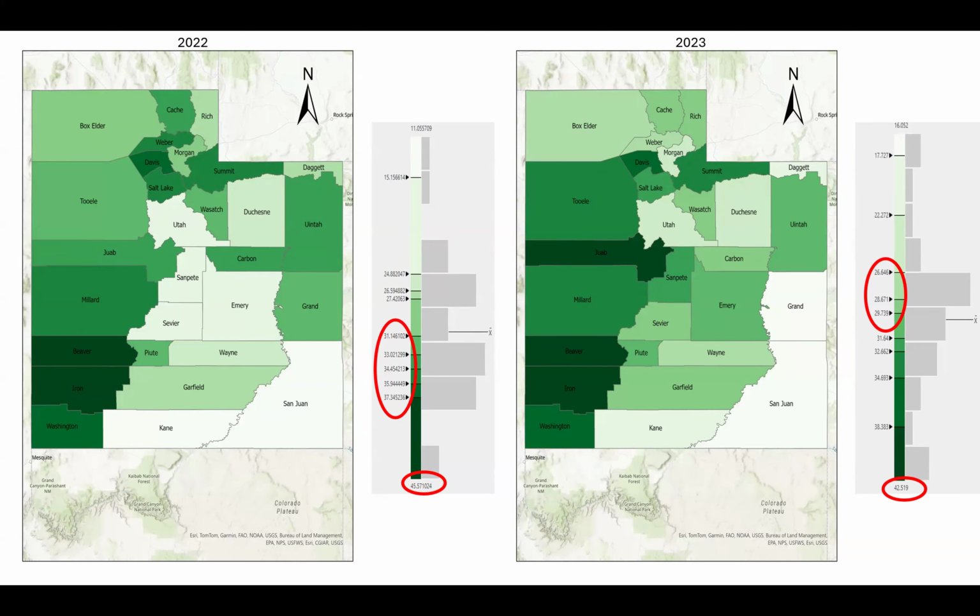But in 2023, it's just 26 to 29 inches. So we can say that evapotranspiration is varying spatially and temporally. That's all we have covered. Now we are going to use it as base data for further analysis and for the further experiments.